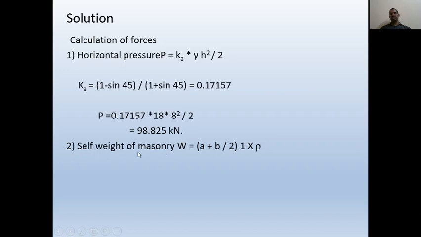Self weight of the masonry W is equal to (a plus b) divided by 2 into h into rho. Now a is top width, b is bottom width, and rho is specific weight of masonry. We can substitute small a is 1, capital B 3, multiplied by h, which is 8 meters, and rho 24, and you can calculate it simply: 384 kilonewtons.